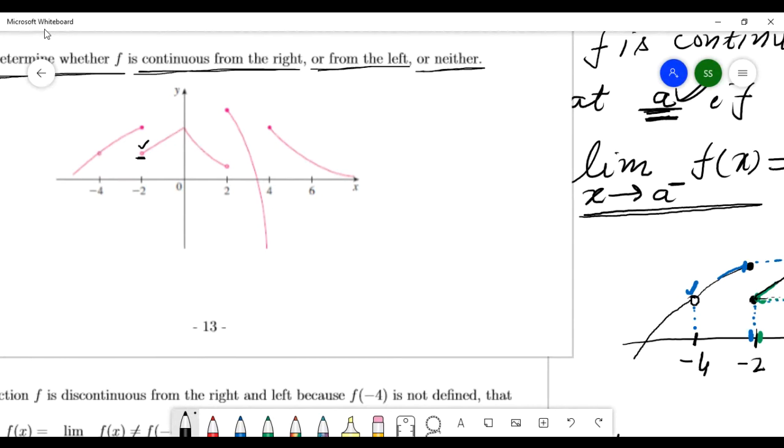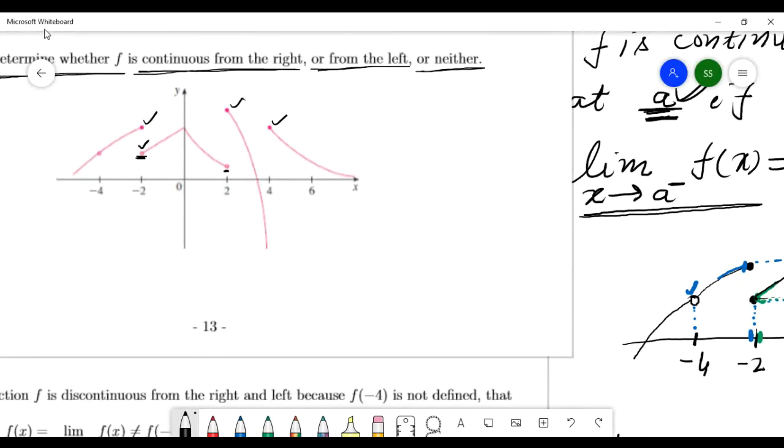Okay, a hole here and I have taken dark here. I have taken dark by mistake, and here also at 2 there is a hole and dark, hole and hole.